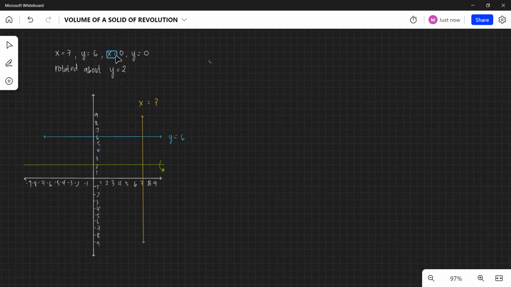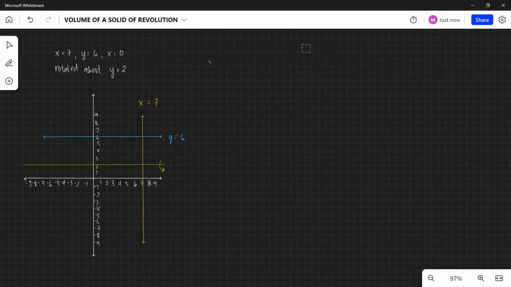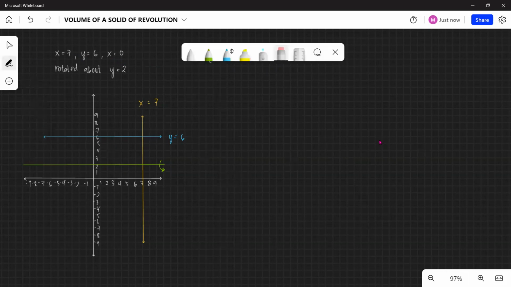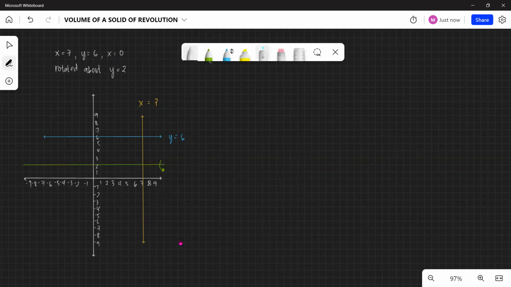So the area, or rather y equals 0, the given was wrong. So these three lines only: x equals 7, y equals 6, and the y-axis, x equals 0. It should be these three lines only.